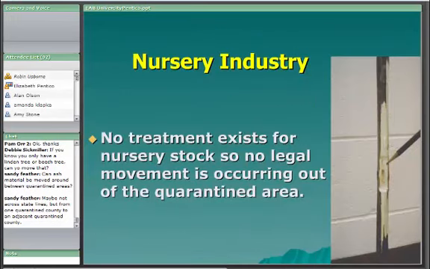The nursery industry, we do not have a treatment for emerald ash borer in nursery stock, and the only inspection that we can perform is to remove 100% of the bark to look for galleries. That generally doesn't leave a very good nursery item. And so basically, because no treatment exists, we don't have any mechanism to certify movement to come out of the quarantined area.